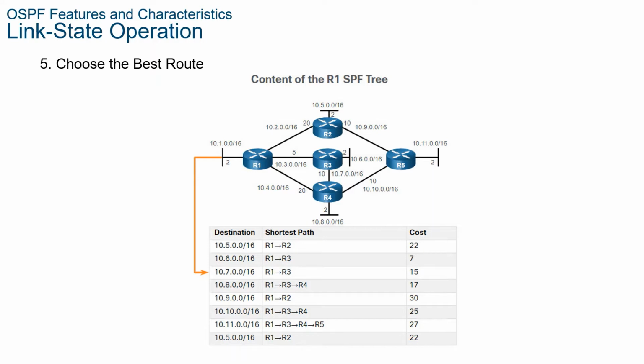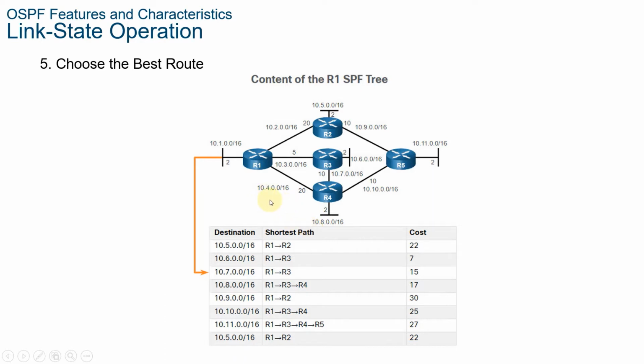If you still remember, a static route has an administrative distance of 1, while OSPF has an administrative distance of 110. Routing decisions are made based on the entries in the routing table.